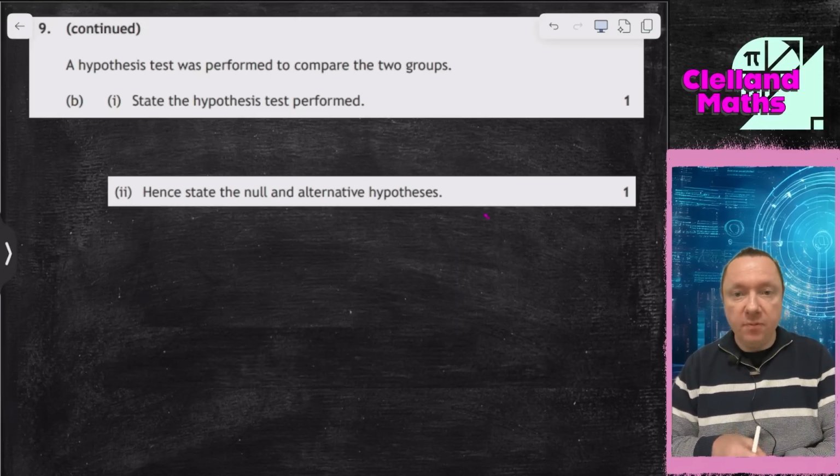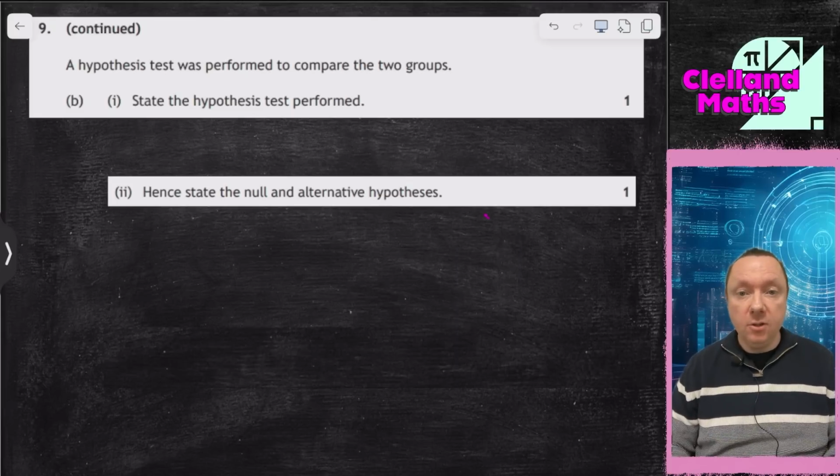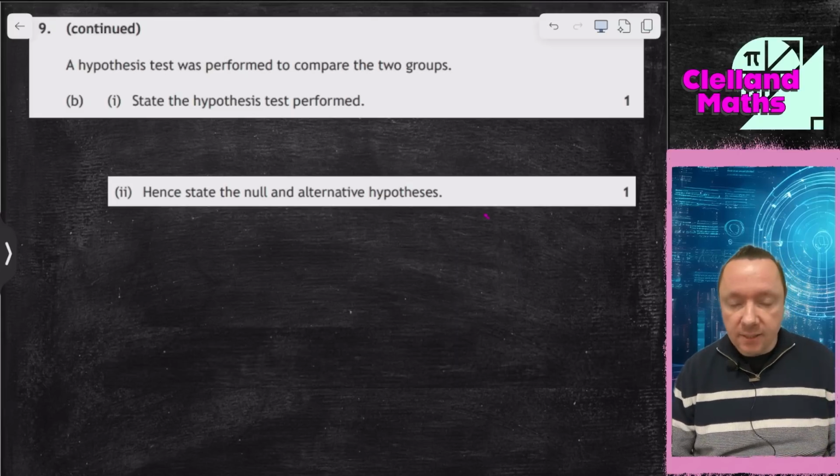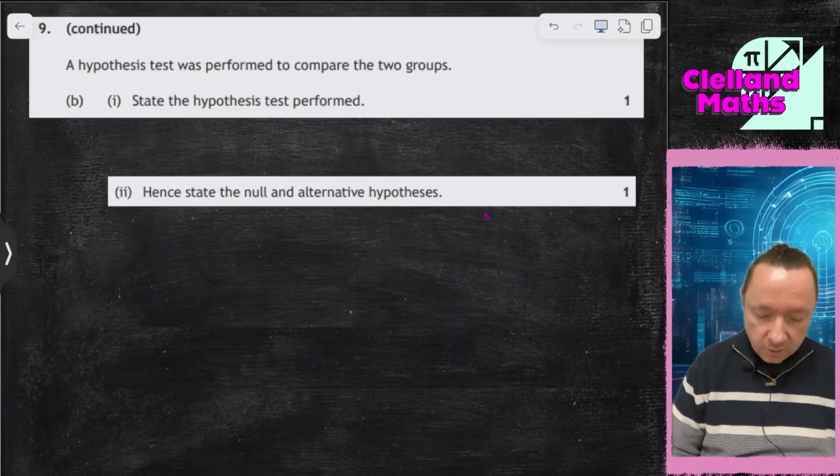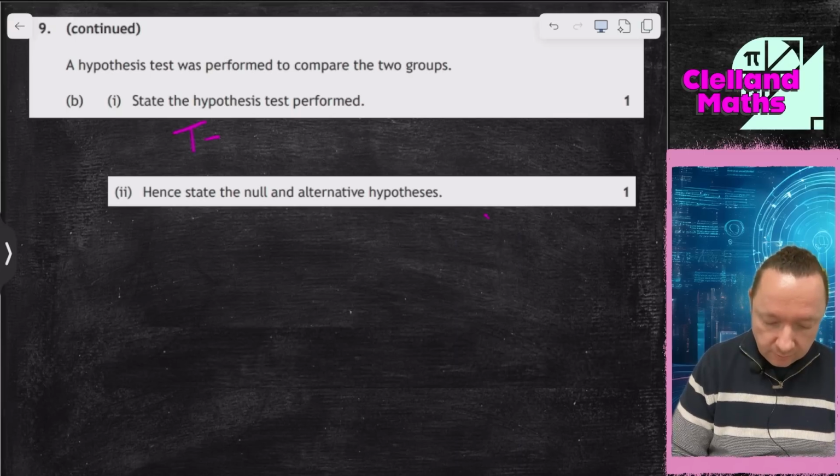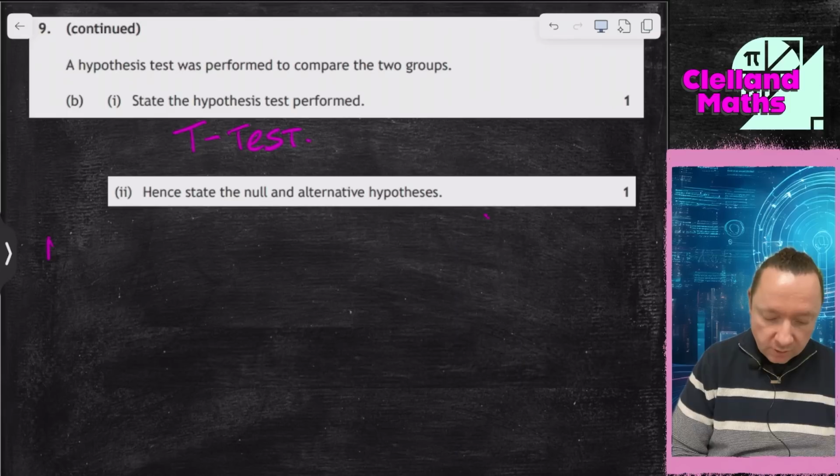State the hypothesis test performed. Well, you're going to be comparing the 2 groups, comparing the means, comparing the average weight, so it's a t-test. Okay, state the null and alternative hypothesis.